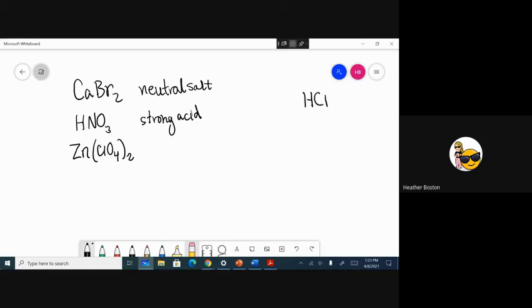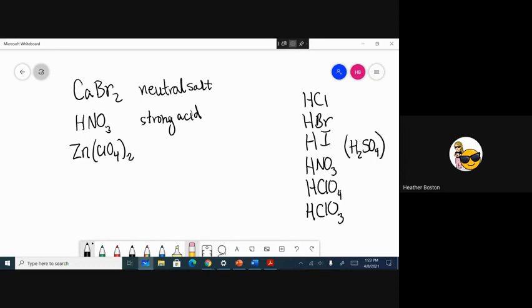So not all of them are up there. Oh, and the last one, which is not, is a strong acid, but it doesn't play by the same rules. So this is the anion of a strong acid, so it's neutral.